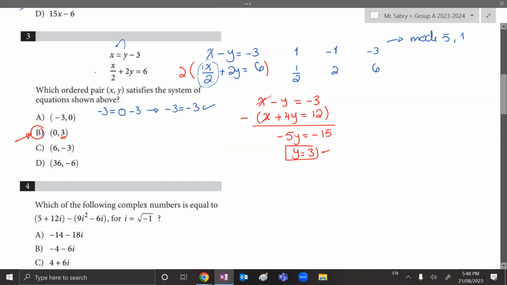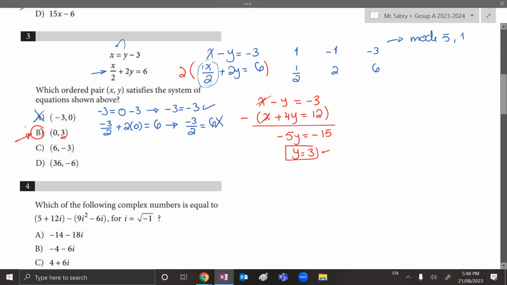Then I have to try the second equation as well, and it has to be true as well. So negative 3 over 2 plus 2 times 0, does it equal 6 or not? Once you calculate this, it gives me negative 3 over 2 equals 6. Is this true? No, it's not. So it doesn't satisfy. So option A is incorrect.